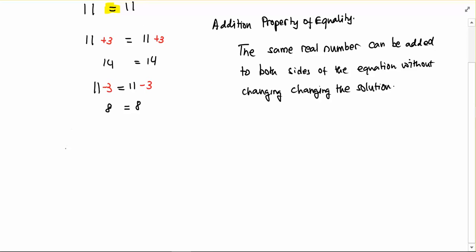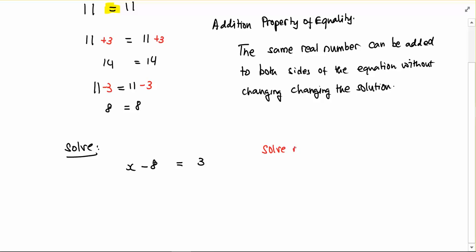So, solve x minus 8 equals 3. Okay, solve x minus 8 equals 3. Well, before I go there, let's make sure that we understand what solve means.